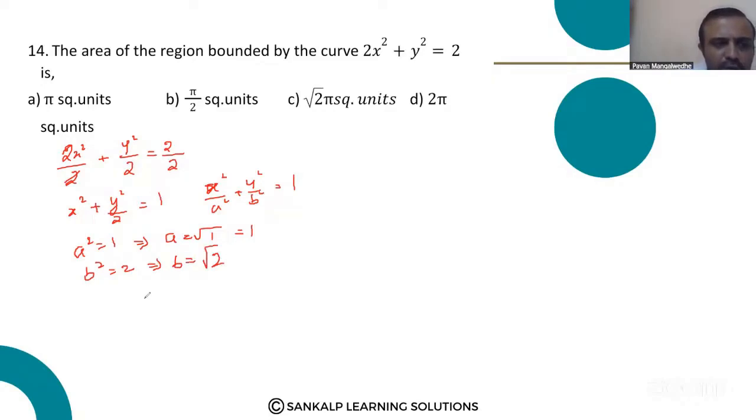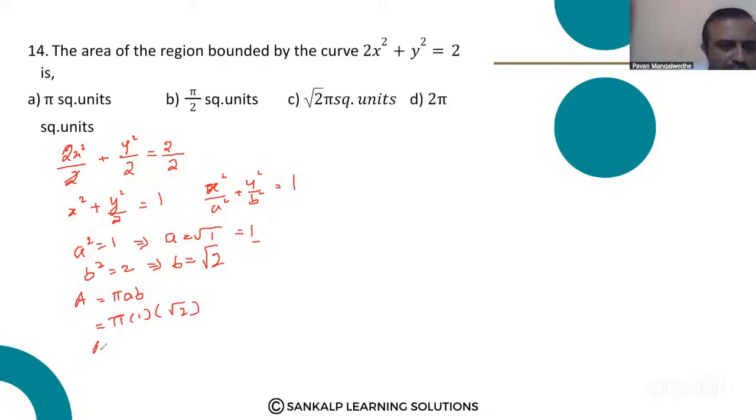Okay, so now the area formula is pi into a into b. So we know that a is what here? It is 1. Pi of 1 into b, which is root 2.